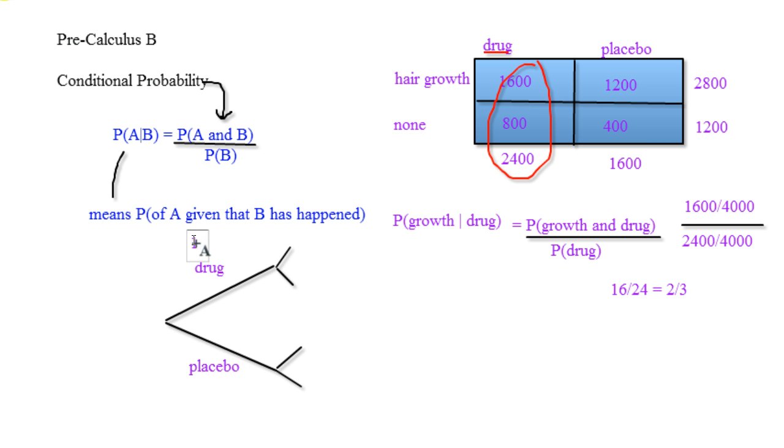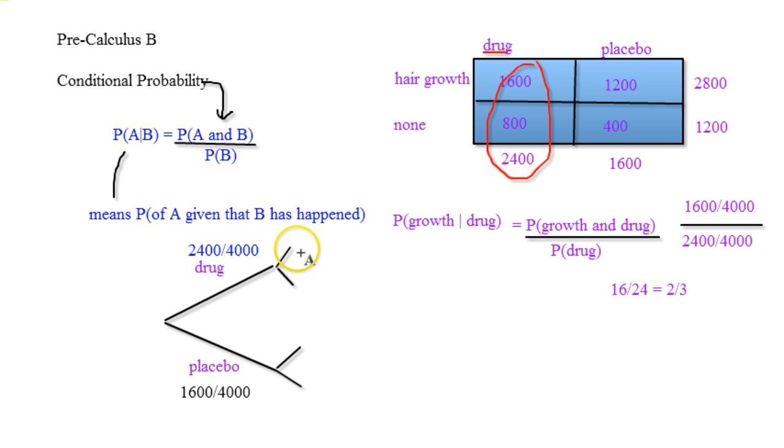So this would be 2,400 out of 4,000, and then this one would be 1,600 out of 4,000. Sometimes it's really nice to draw all this out. Let's rewrite those numbers again. This would be 2,400 divided by 4,000. Those are the probabilities as we go.